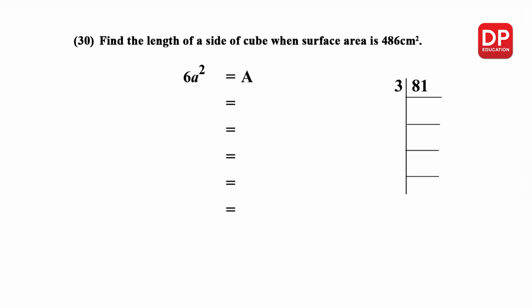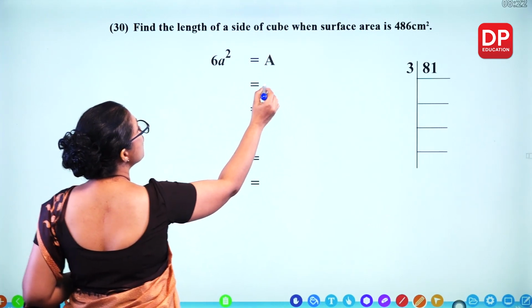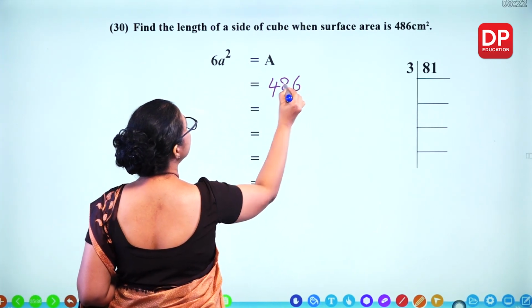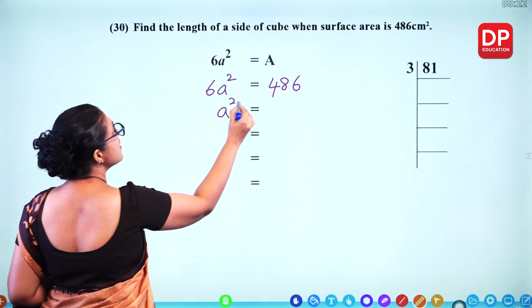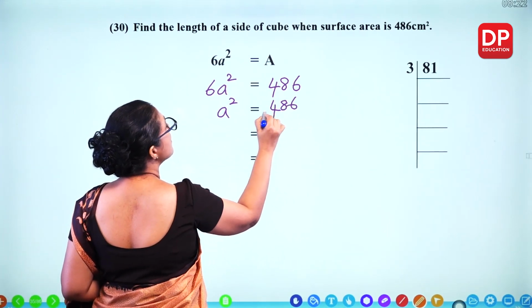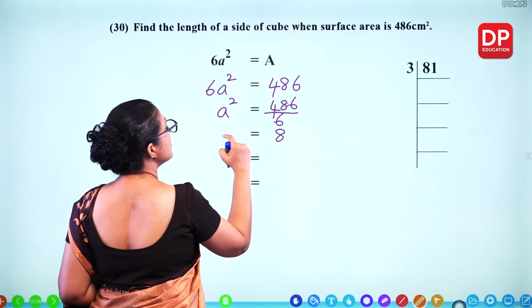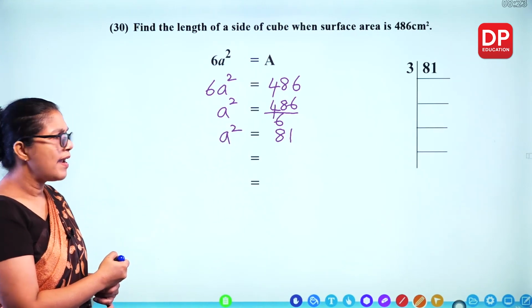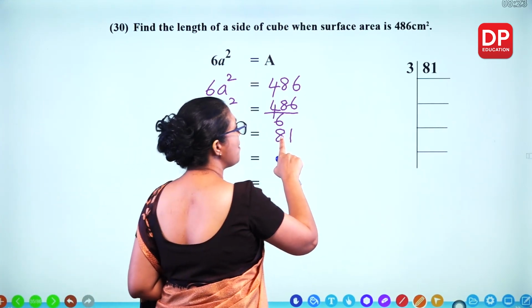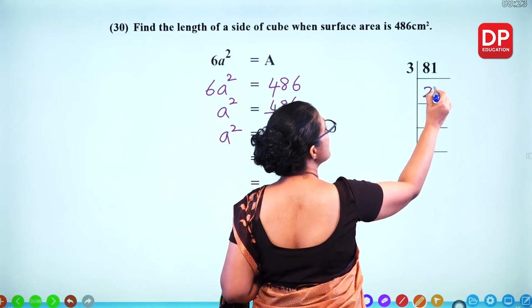Find the length of the side of a cube when the surface area is 486. So the area is 486. This is 6A squared. What is A squared? You divide by 6. You get 6 times 8, 48. So 81. So how do you find the square root of 81? If you can't remember, you can do this. Divide by 3, you get 27.